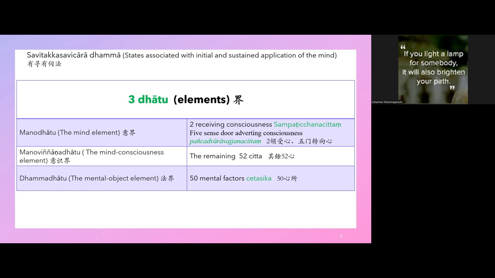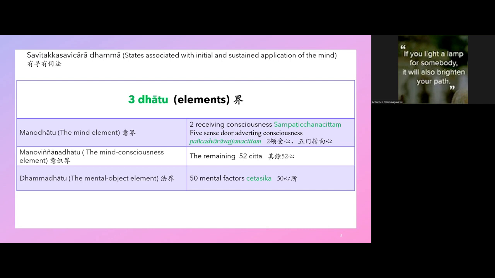Those are not savitakkasavicārā dhamma, because they are not associated with vitakka and vicāra. So we don't get those 5 dhātu as well. What is left is the mano dhātu, where we get the 2 sampaṭicchana, receiving consciousness, and the 5 sense door adverting consciousness, the pañcadvārāvajjana citta. So there are 3 consciousness classified under mano dhātu.